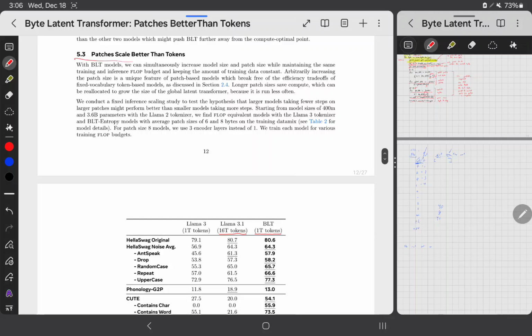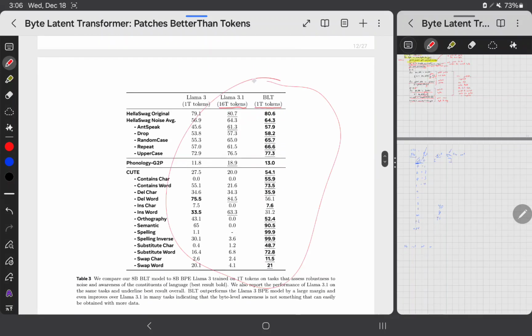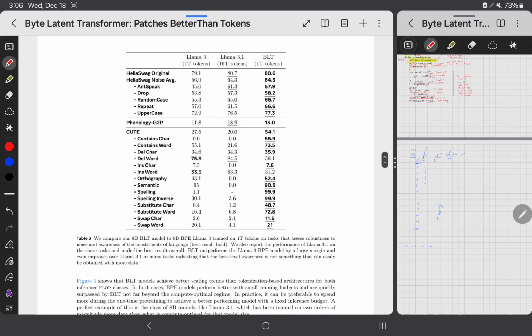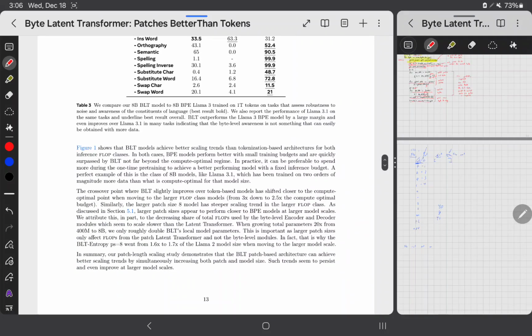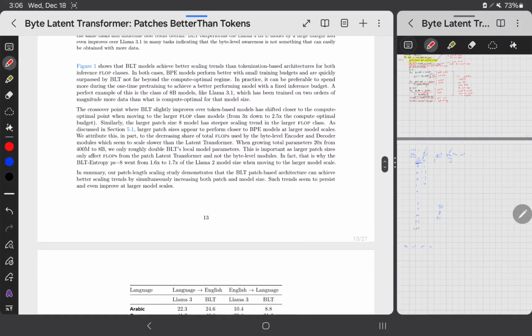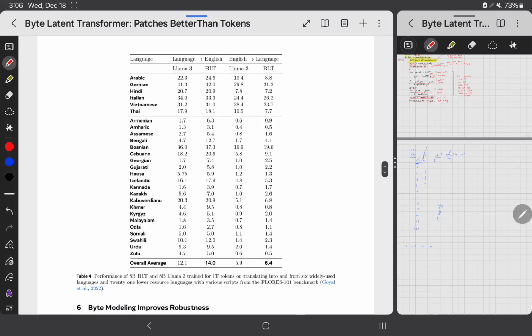And then they say patches scale better than tokens, and they show that it does better when you scale the number of tokens for Llama versus BLT. I don't know if any of this benchmark stuff is actually meaningful. I usually take all the benchmarks with a grain of salt because they usually aren't one-to-one with how good the models are.